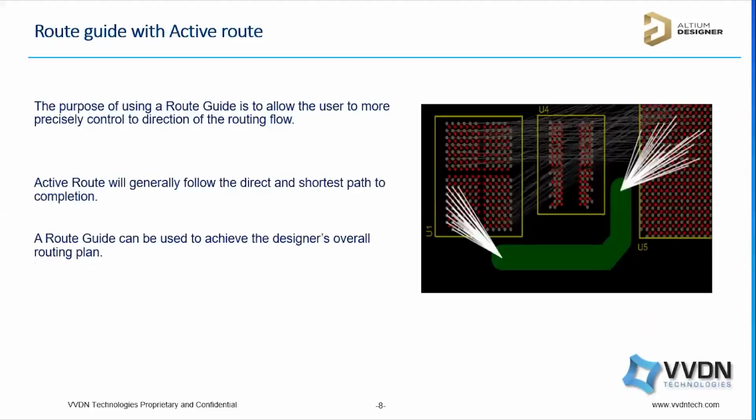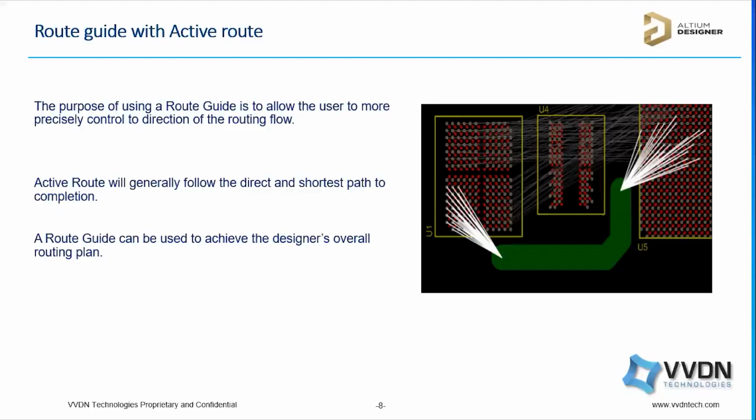Route guide with ActiveRoute. As I said, a route guide is nothing but a guide for routing. The main purpose of using a route guide is to allow the user to control the direction of routing flow. ActiveRoute will generally follow the most direct and shortest path to completion.